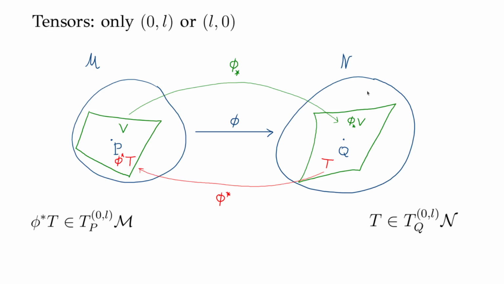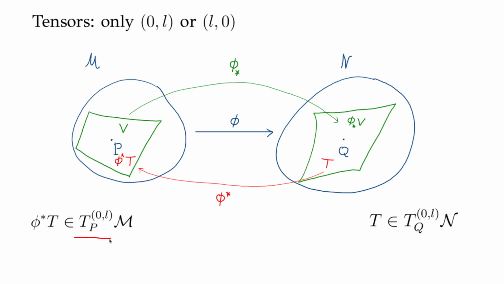For mixed tensors, phi needs to be invertible, which is an assumption that we don't make in this video. Therefore, we will discuss how to carry along tensors between the manifolds only in the case where we have 0L or L0 tensors. So let's start with 0L tensors.